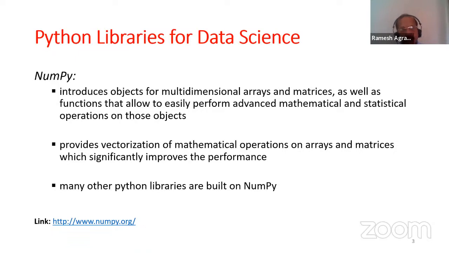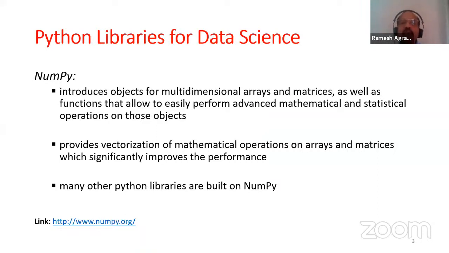Another important point is that it provides vectorization of mathematical operators on arrays and matrices, which significantly improves the performance. Let me make you understand this. Let's say I want to add two matrices of size 5 by 5. We can add element-wise.